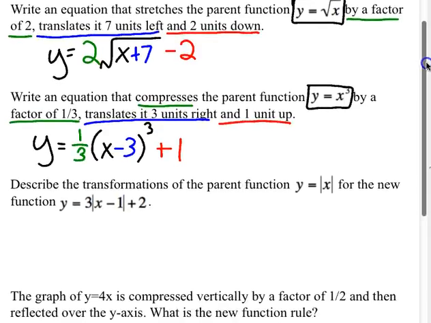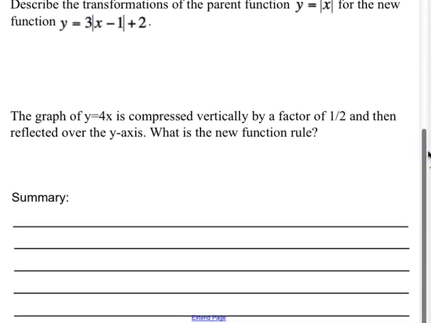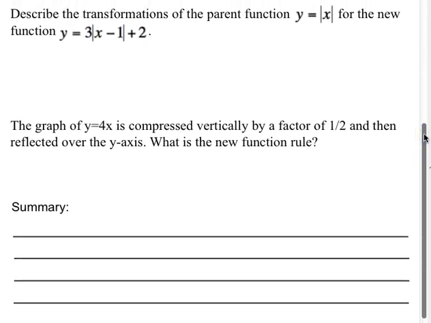And then, of course, you should be able to go backwards. If I want to describe the transformations happening, you just have to read this left to right. So for example, this 3 here is my vertical stretch.